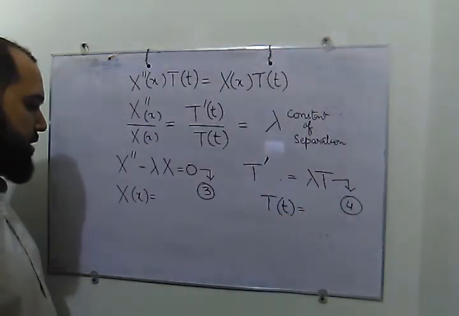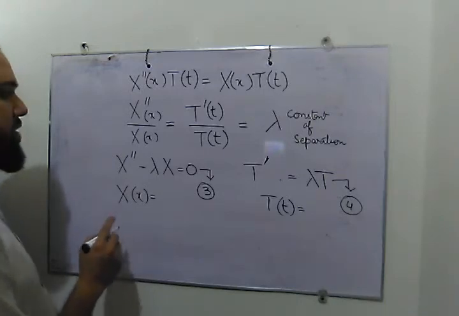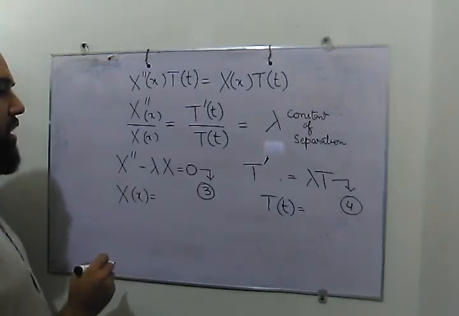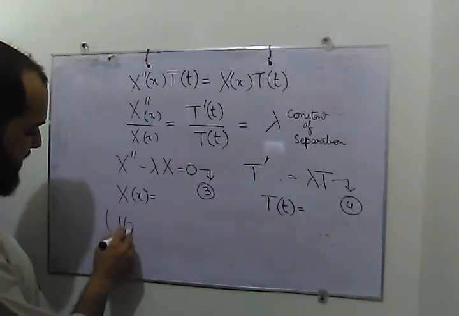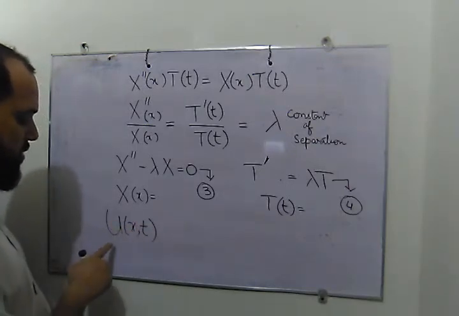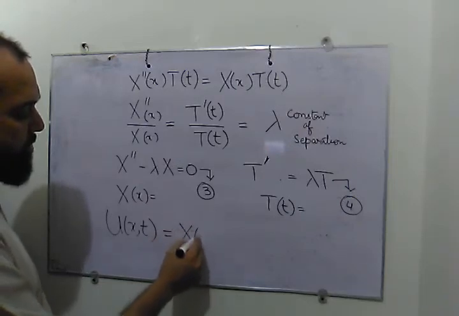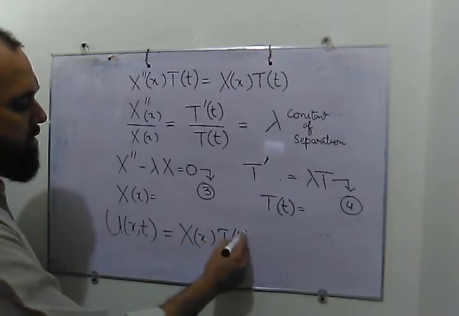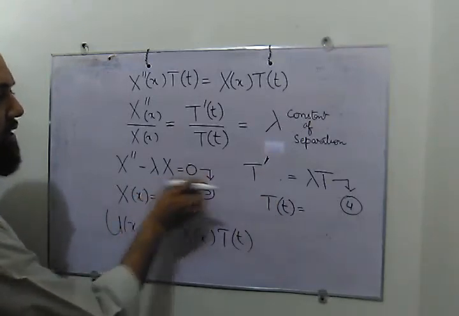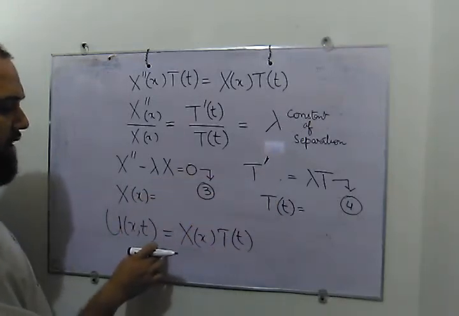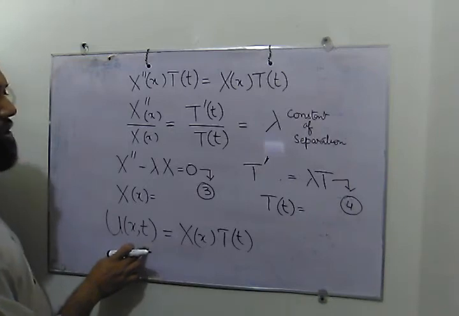And if you remember that in equation 2, which is our assumed solution, we assumed that the solution of the partial differential equation, u, is a product of X of x and T of t. Which means that if we solve these differential equations, second order and first order, then we will get the solution of our partial differential equation.